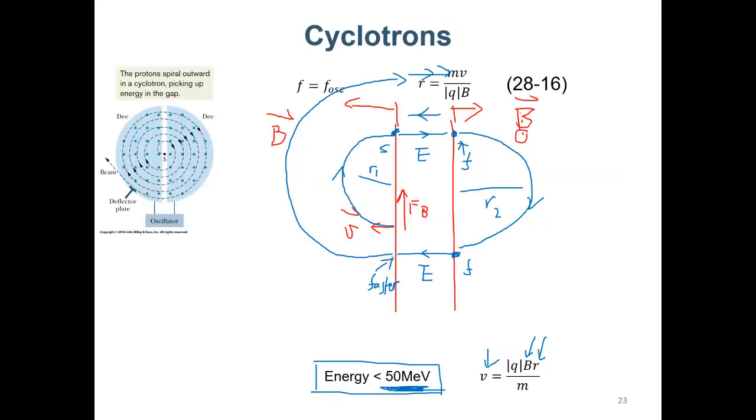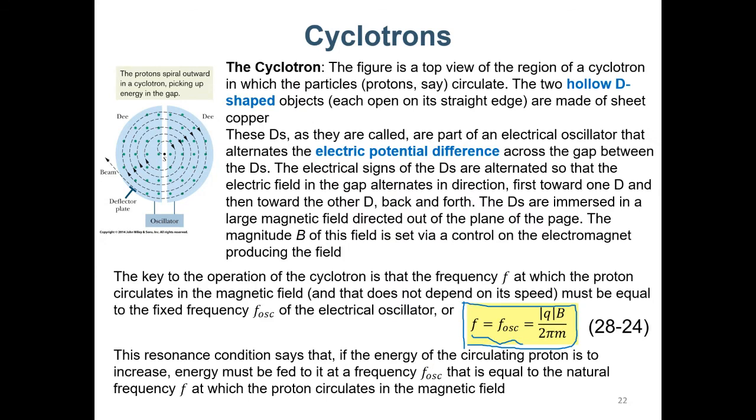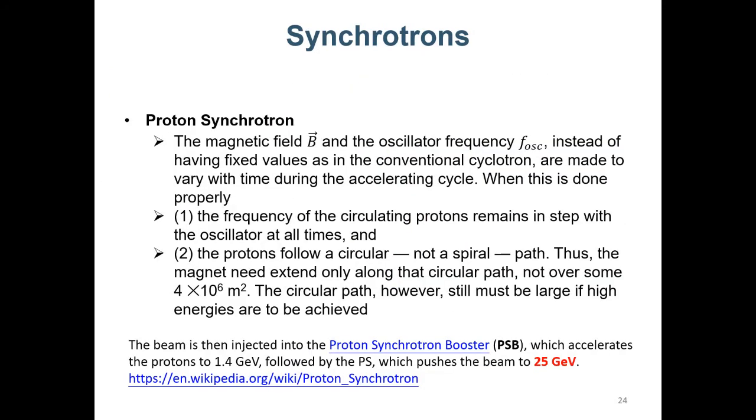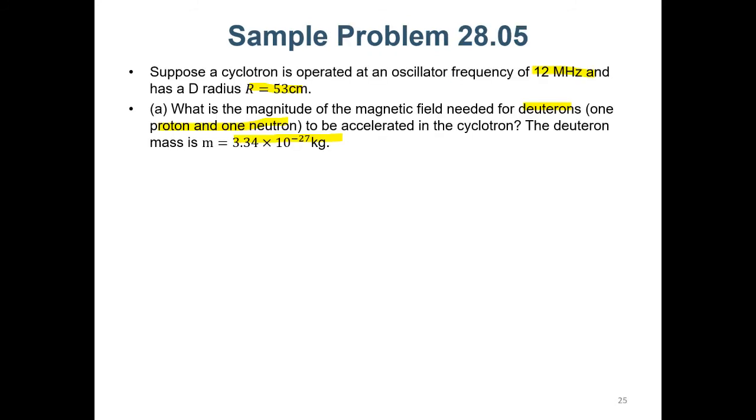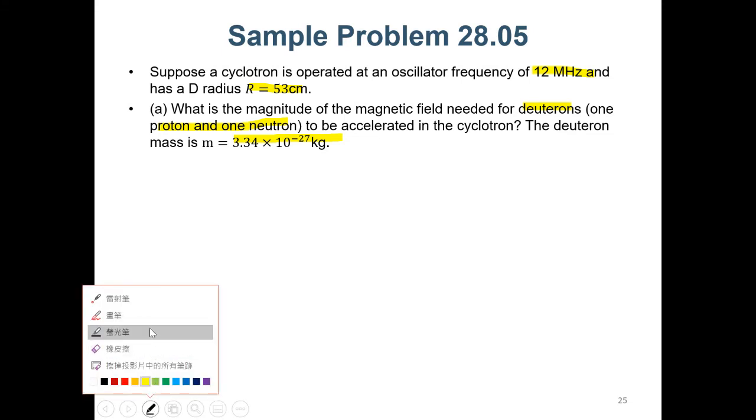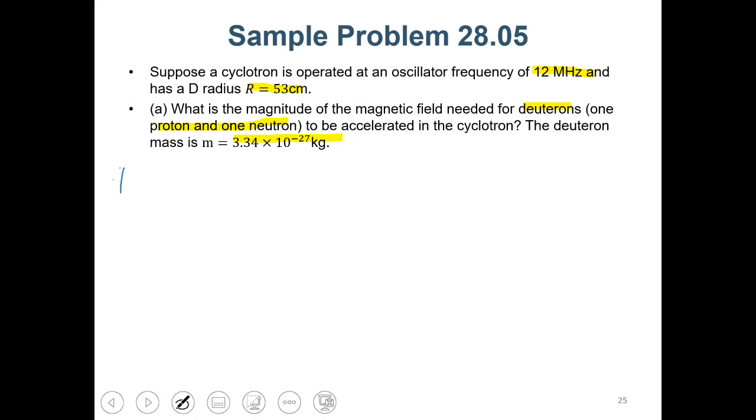So actually we can use this equation: f equals qB over 2 pi m. We can just rearrange it so that we have B equals 2 pi m f oscillation over q.